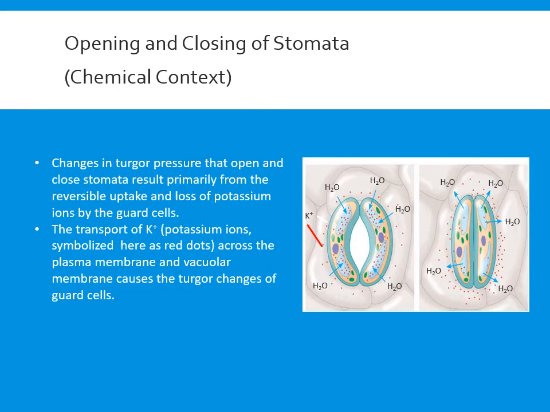In terms of the chemical context, what actually controls the opening and closing is the uptake and loss of potassium ions, because guard cells are very dependent on the potassium ion itself, K plus.